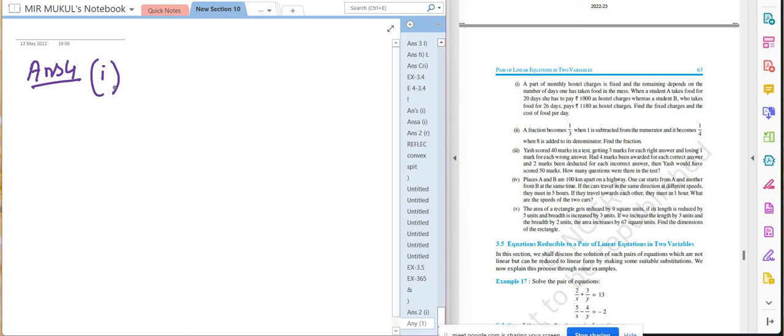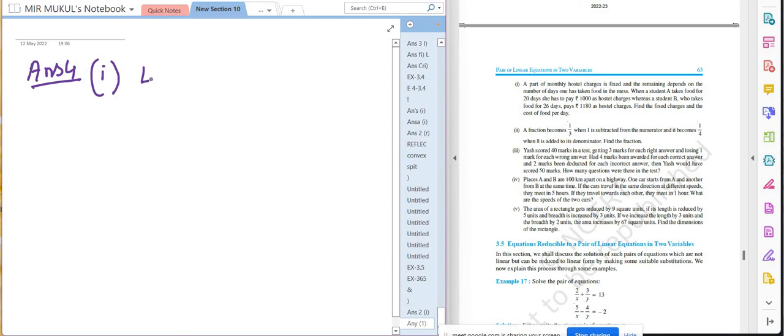When a student A takes food for 20 days, she has to pay 1000 as hostel charges, whereas a student B who takes food for 26 days pays 1180 as hostel charges. Find the fixed charges and the cost of food per day.